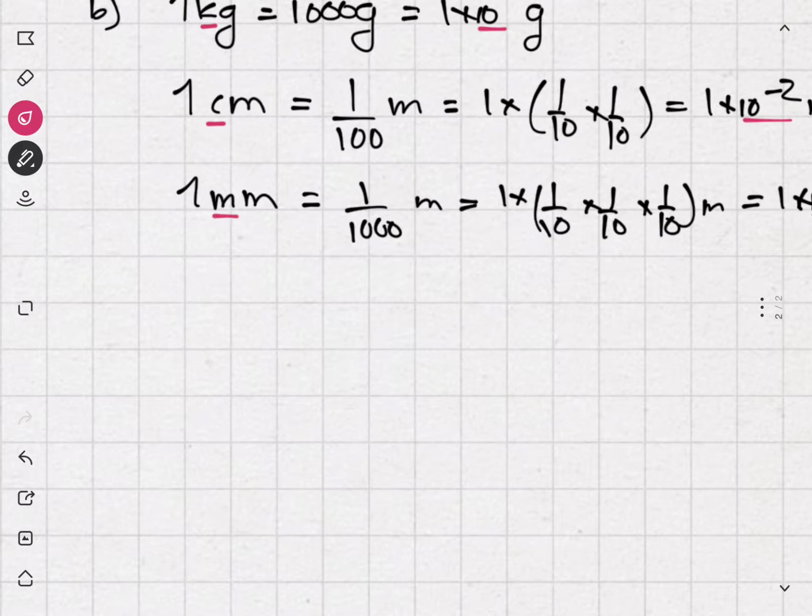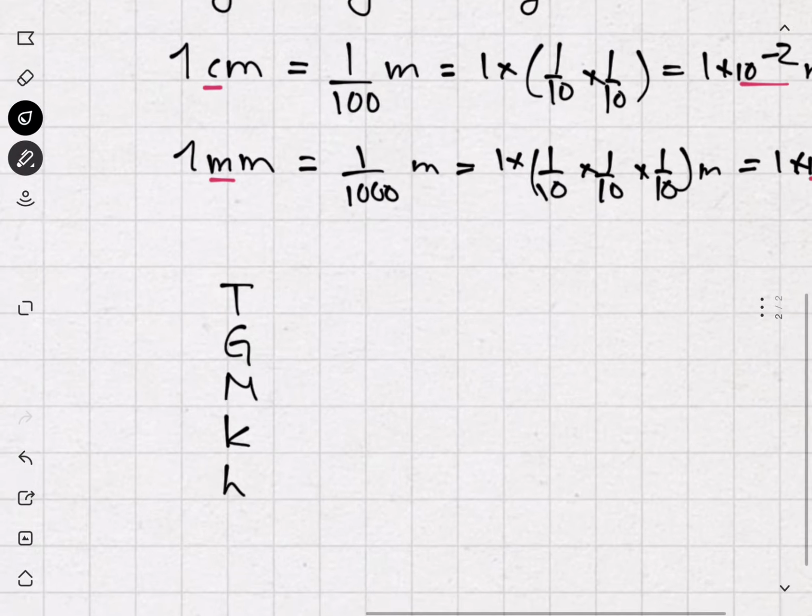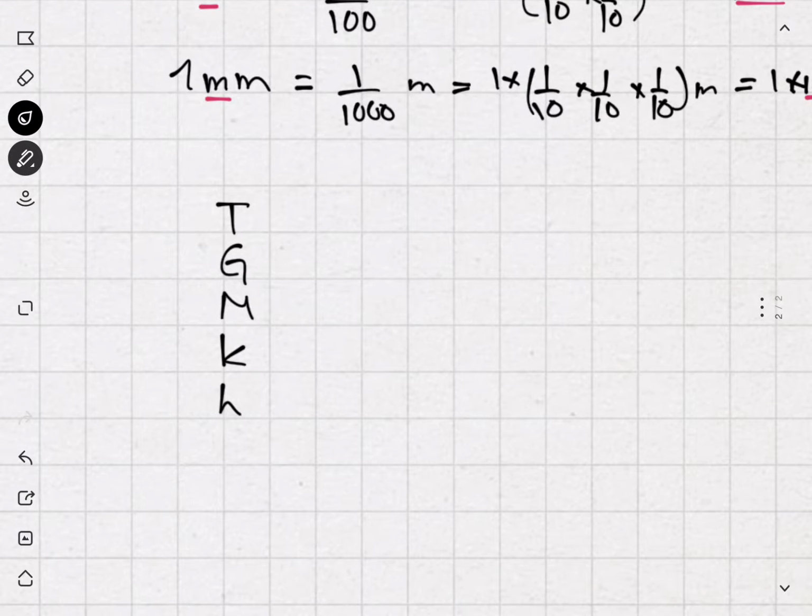All right, so I'll just list the common metric multipliers, and we'll start from tera. So tera, giga, mega, then kilo, hecta, and deca.